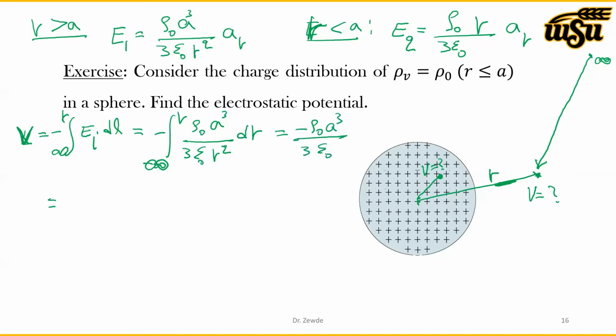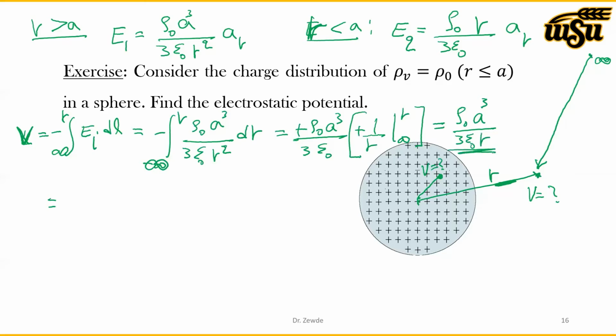These are constants. The integral of 1 over r squared is minus 1 over r, going from infinity to r. And minus of minus is plus. This gives us rho naught a cubed over 3 epsilon naught times r.